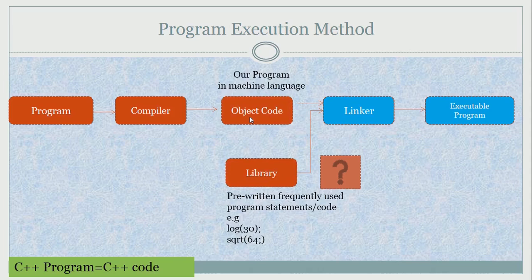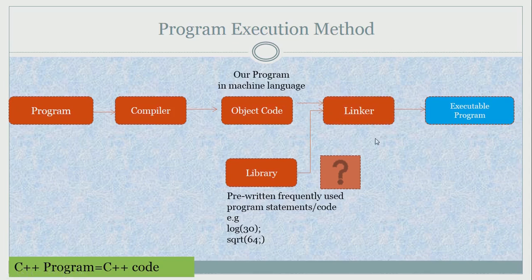So once the program is translated, this object code is actually our program in machine language. Here, if there is any library used in the program, then that library is linked with our program by the linker. As you can see in the figure, this is the object code and this is the library, and they both are linked together with the help of the linker.